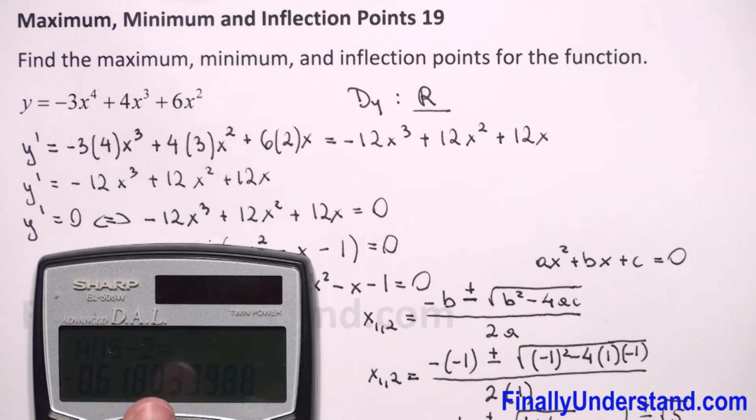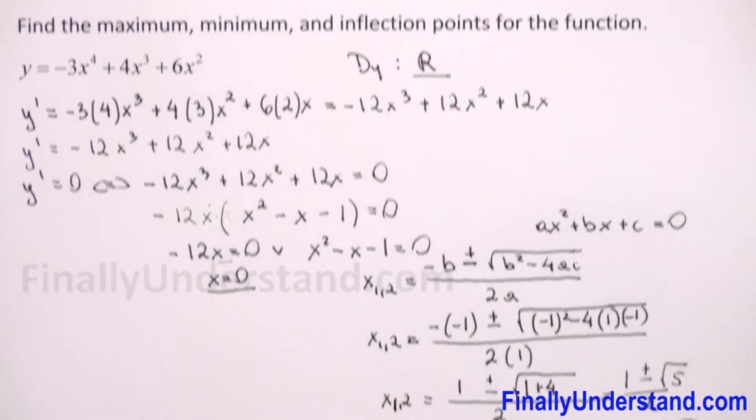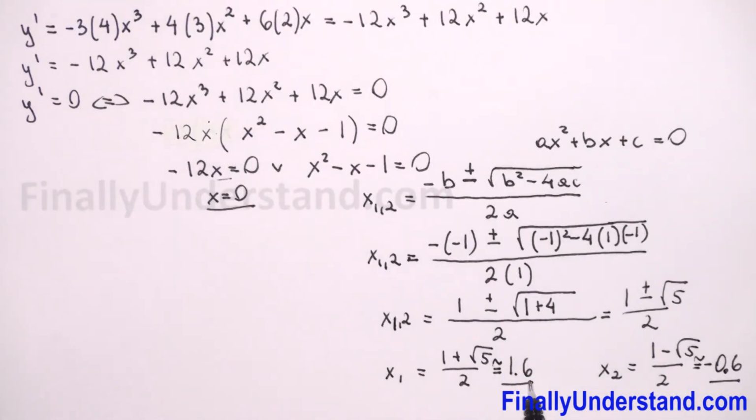So we have 3 critical values: x equals 0, x equals 1.6, and x equals negative 0.6. Now, to find if we have a minimum or maximum for these 3 critical values, we will draw the graph of our first derivative function.